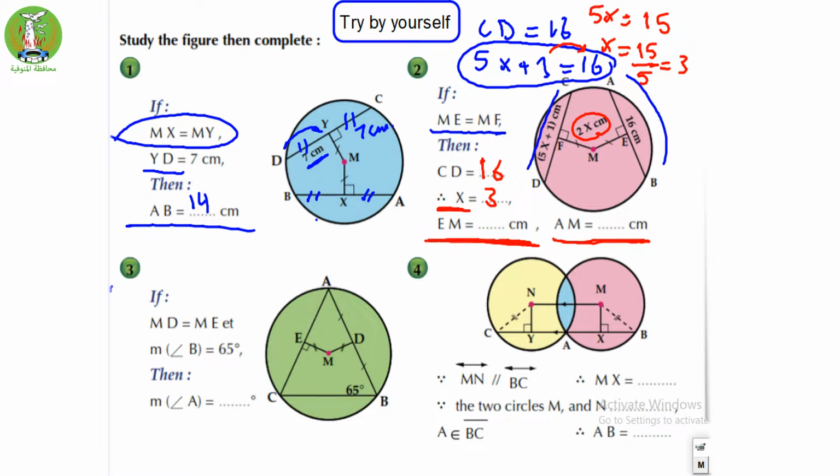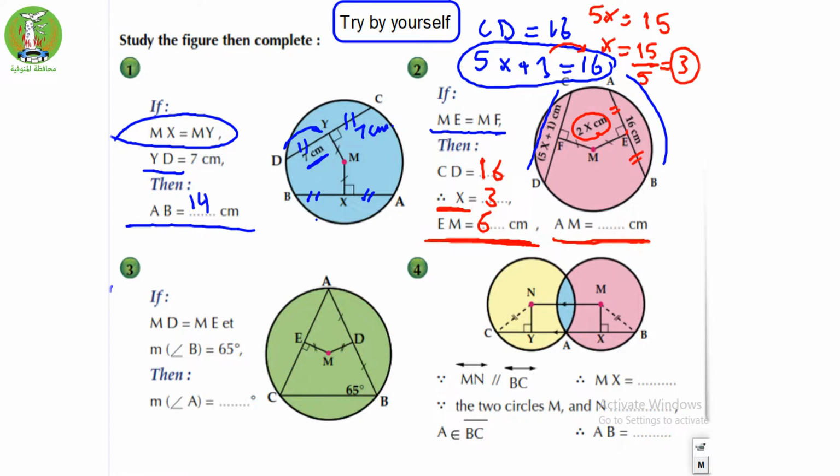The value of x here equals 3. Then EM equals 2 times 3, which equals 6 centimeter. Okay? AM equals blank centimeter. Since ME is perpendicular to AB, then E is the midpoint of AB, as we agreed. Okay?